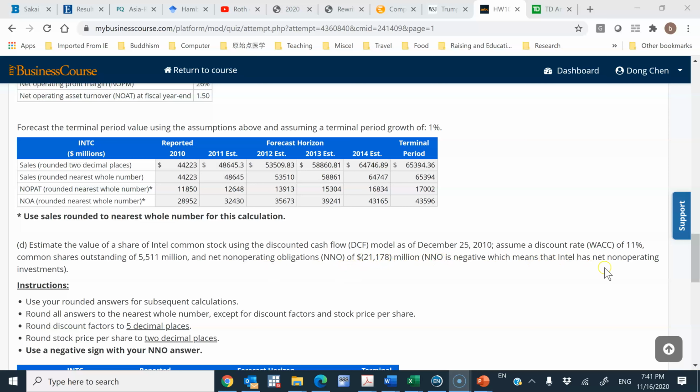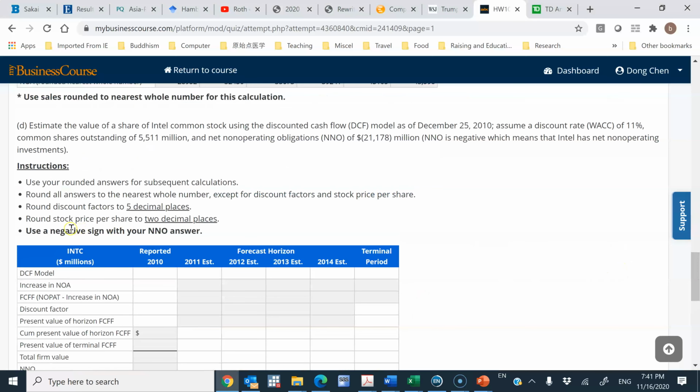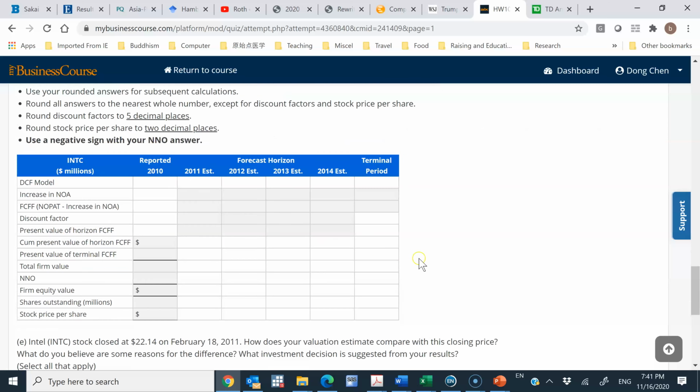This is negative because the firm has net non-operating investments. Use your rounded answers for subsequent calculations. That's what I did throughout. Round all answers to the nearest whole number. Round discount factors to 5 decimal places and round stock price per share to 2 decimal places. And use a negative sign with your NOO answer.